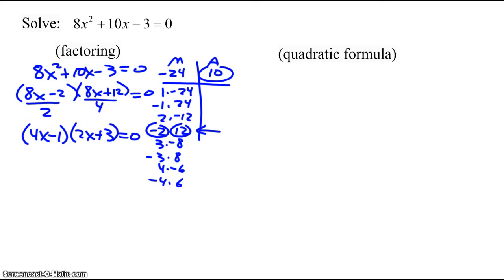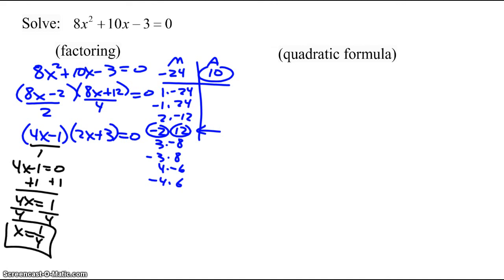Now, what I can do is say, whatever makes this factor 0, which let's figure out what that is, 4x minus 1 equals 0. That's going to be one of the values. So let's now solve that little equation. If I add 1 to both sides, I get 4x equals 1, and if I divide both sides by 4, I get x equals 1/4. So 1/4 is one of the numbers, right?